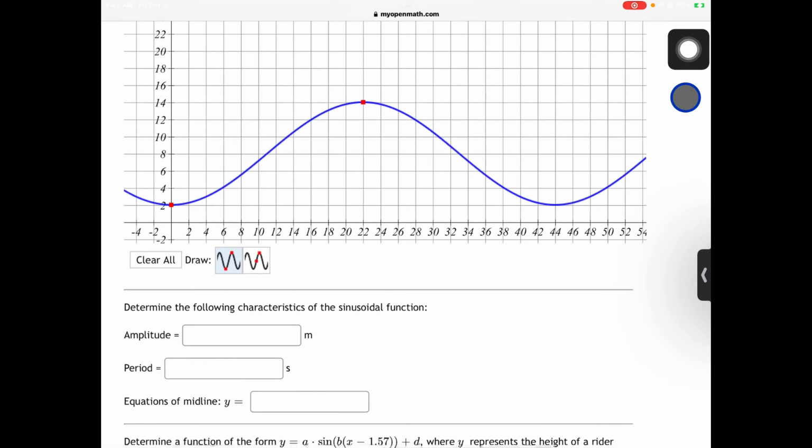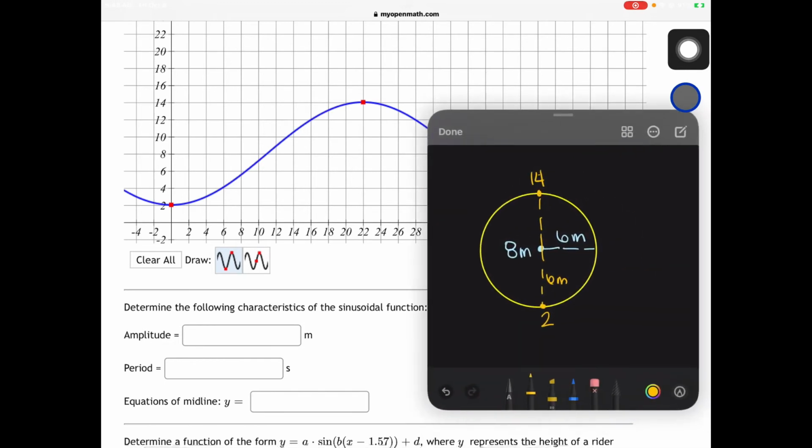The amplitude, period, and midline were given to you in the context of the problem. So if I go back to my image here, the amplitude is going to be whatever the radius of the circle is. So they told us the radius is 6, so that means that my amplitude is 6. The period is how long it takes to complete one full revolution.